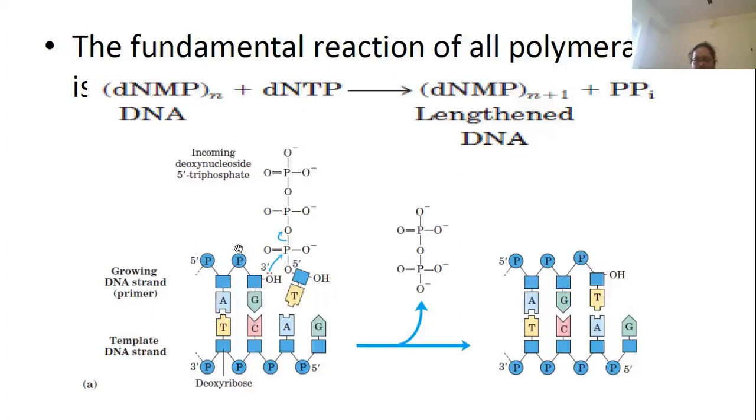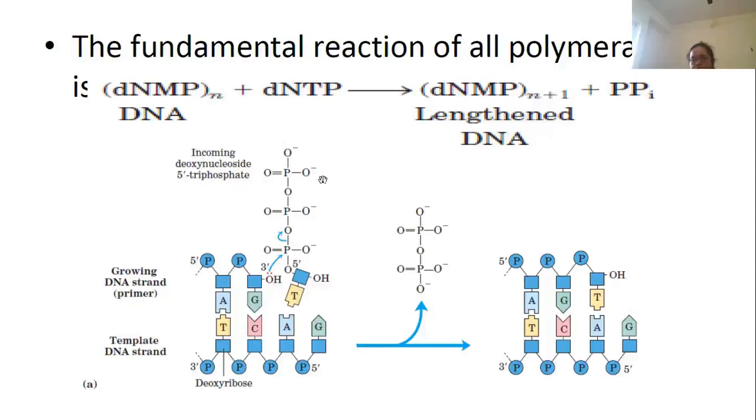You can understand it better here. This is the template or parental DNA strand, and this P represents the sugar phosphate backbone. To these sugars, you can see various bases attached: T, C, A, and G.